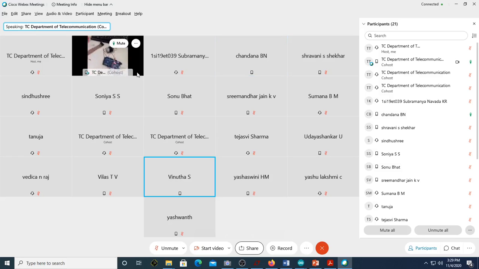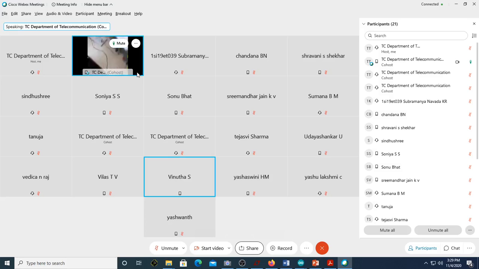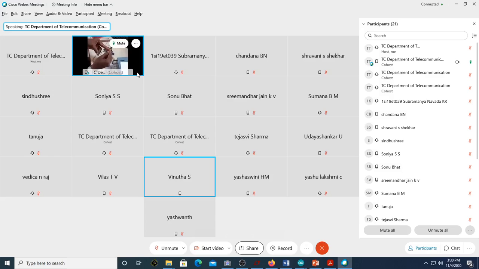Okay, let me just demonstrate how it happens. See, we have connected this to black, which means it is ground.